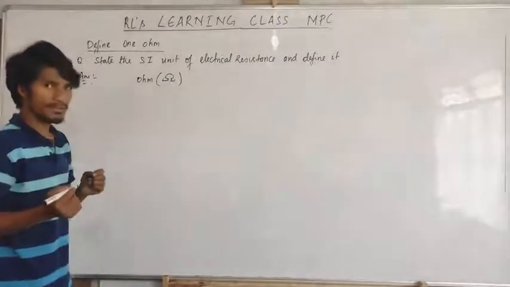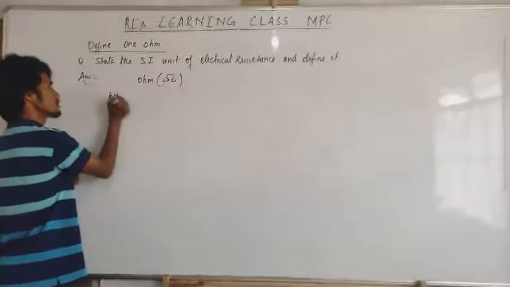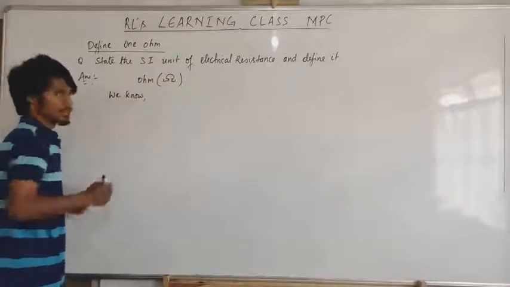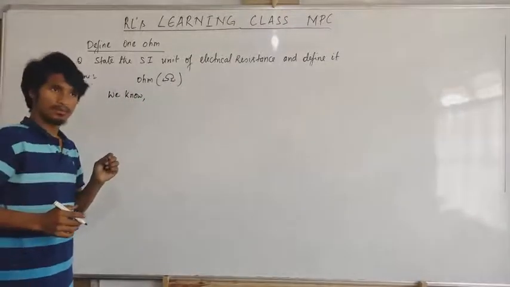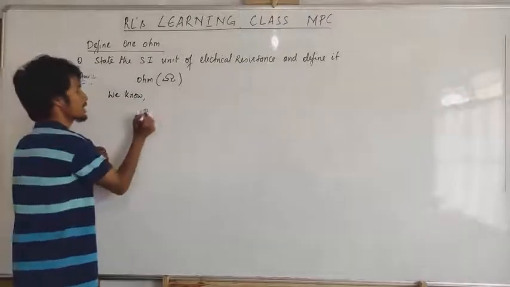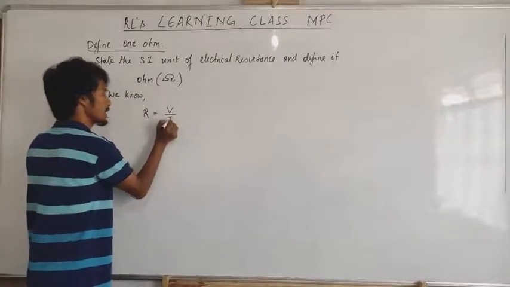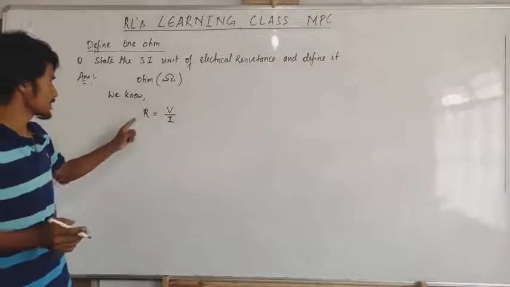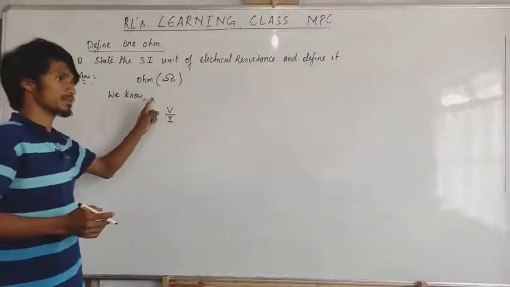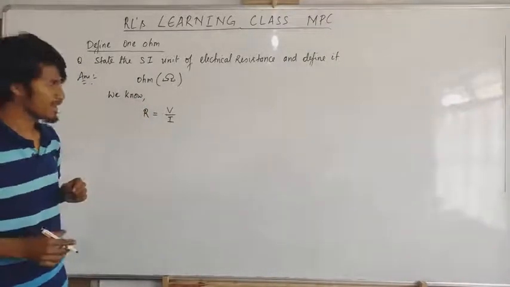To define it, let me do it like this. What's the formula for electrical resistance? Just now we got that R is equal to V by I. Electrical resistance R is equal to electric potential by current.